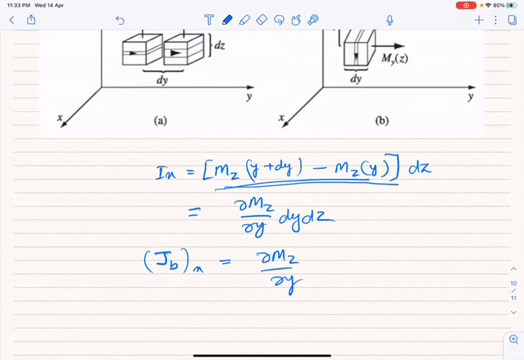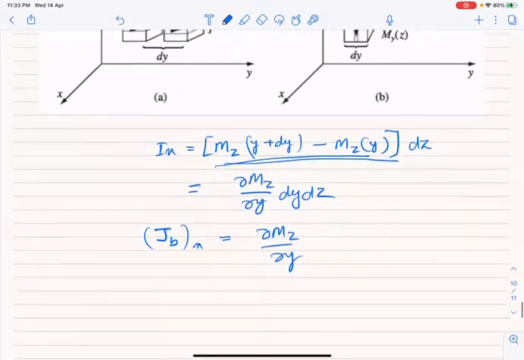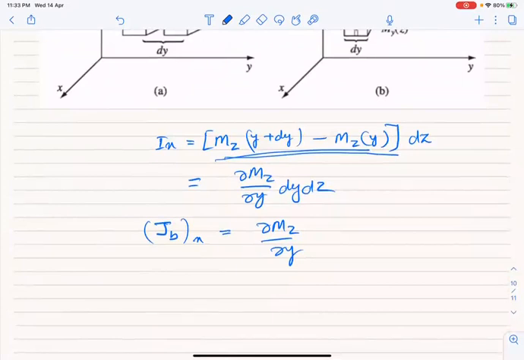You can do a very similar analysis by imagining a non-uniform magnetization along the y direction. Here the non-uniform magnetization was along z, and now you have a non-uniform magnetization along y. For that reason, you will have another contribution to this JBx, and that will be minus del My by del z.